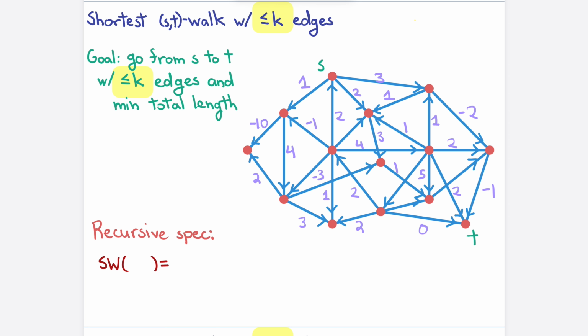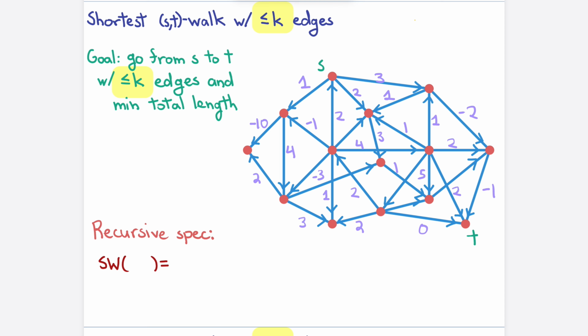We're going to make a recursive algorithm. So anyone want to fill in some parameters and describe what we're trying to solve in each subproblem? Yeah. The parameters could be S, T, and K. Okay, S, T, and K.